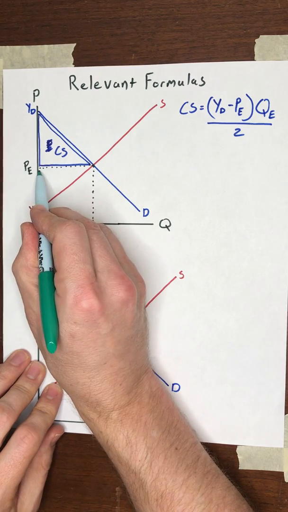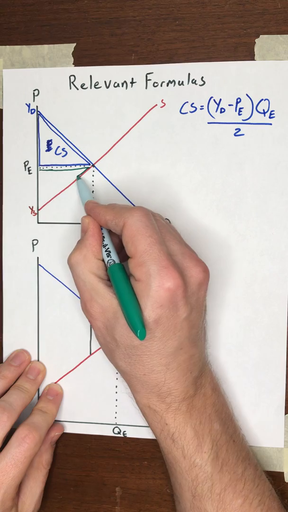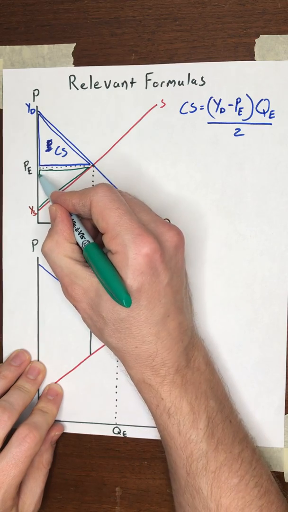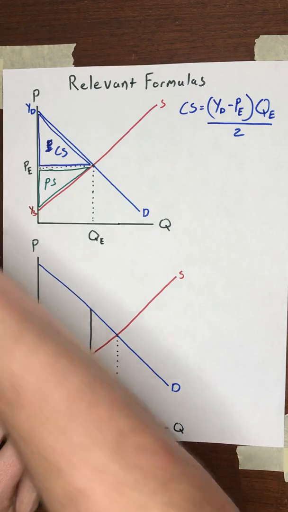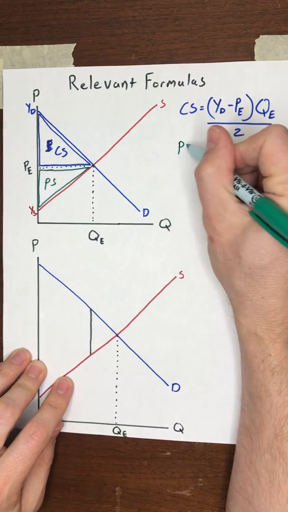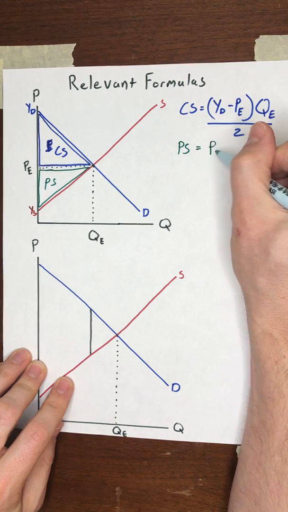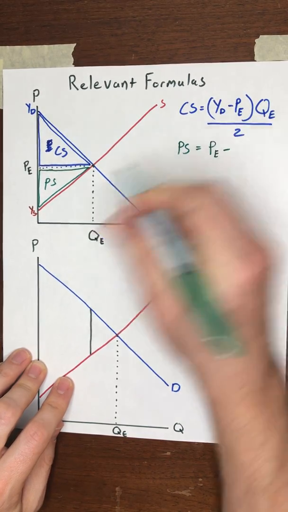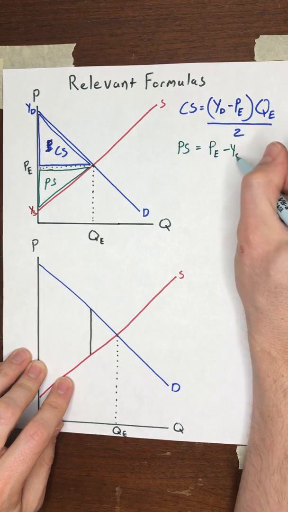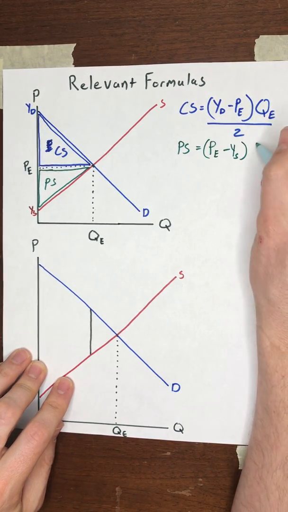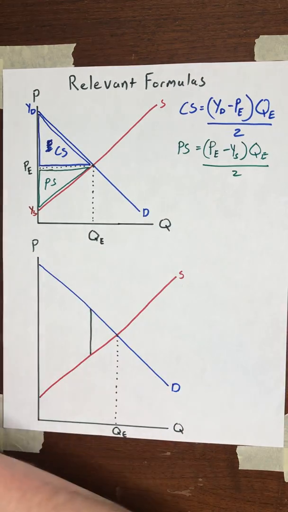Producers get the rest of the gains from trade. They get everything below the equilibrium price and above the supply curve. So producer surplus was equal to the equilibrium price minus the y-intercept of the supply curve times the equilibrium quantity divided by 2.